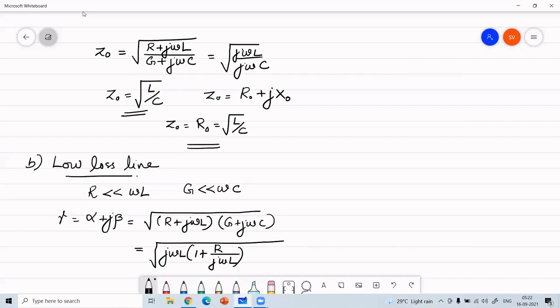Here j omega C is taken out, so j omega C into (1 plus G by j omega C).